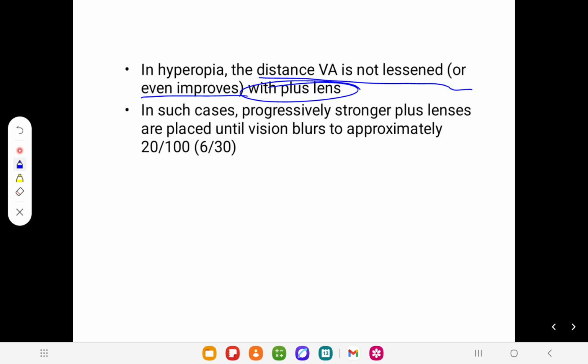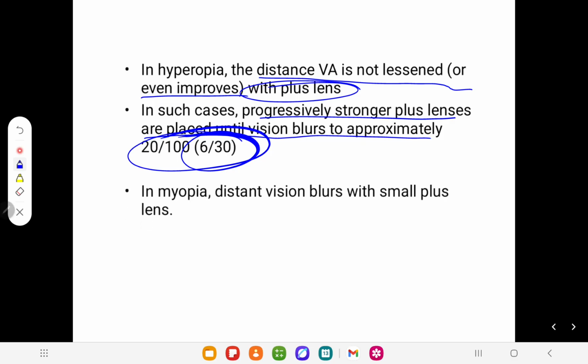In such cases, progressively stronger plus lenses are placed until the visual acuity blurs appropriately. You are not going to stop there; you keep adding plus until visual acuity actually gets worse, up to 6/36. That's the good point, which means the case is fogged completely.